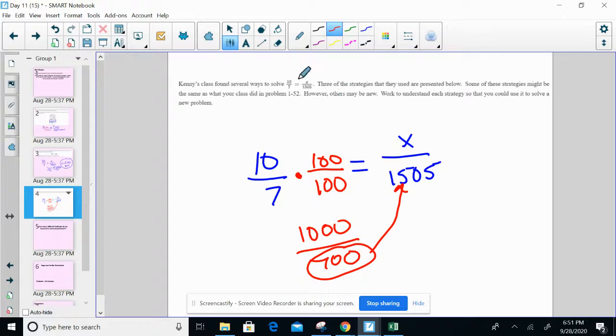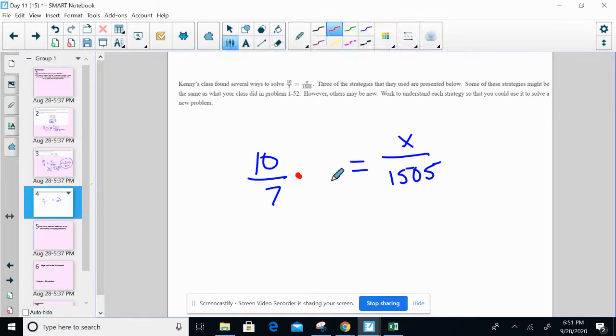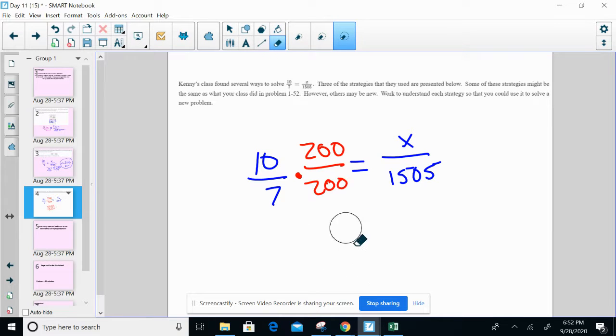So 100 didn't get us there, but we got about halfway, so maybe 200 over 200. Unfortunately with this method, it takes a little guessing. Then you get 2,000 over 1,400. We're a lot closer. So maybe don't bump up another 100. Maybe do 250, see what happens.